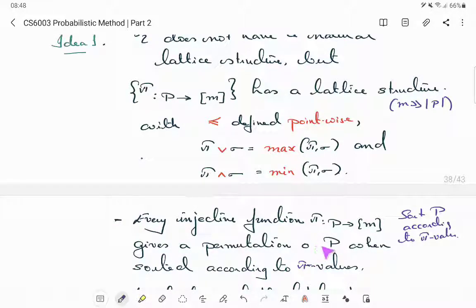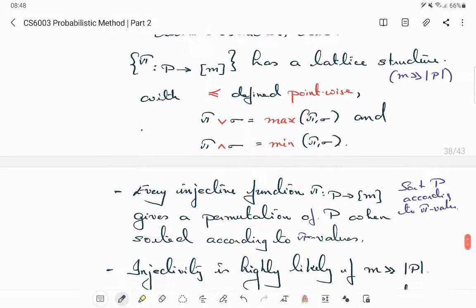Here maybe there is no inverse image for 1, but among the codomain you identify the range, which are those points to which somebody is mapped. Look at the smallest guy in the range, look at its inverse image. If there is no collision, that is the guy which will be the first element in the permutation. If there is a collision, then you put both of them in whichever way. By the way, this is an injective function, so there won't be any collision. So you rank guys according to their pi values, and you will get a permutation.